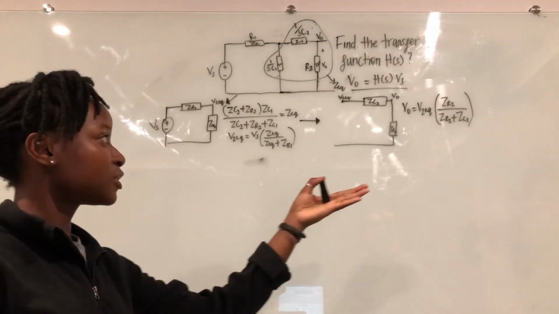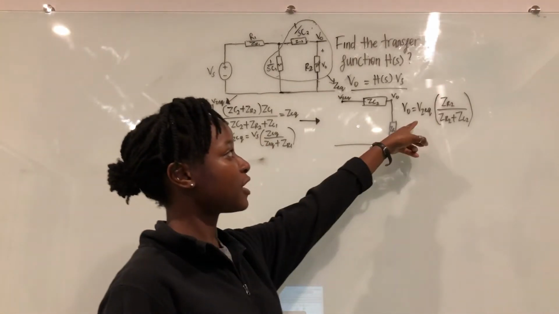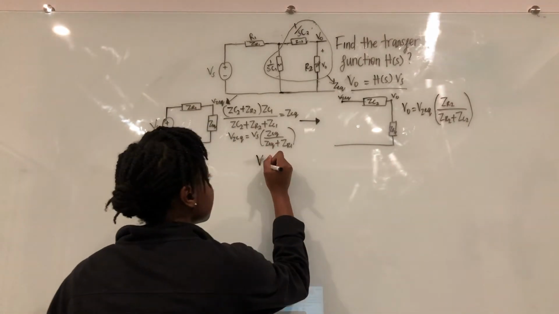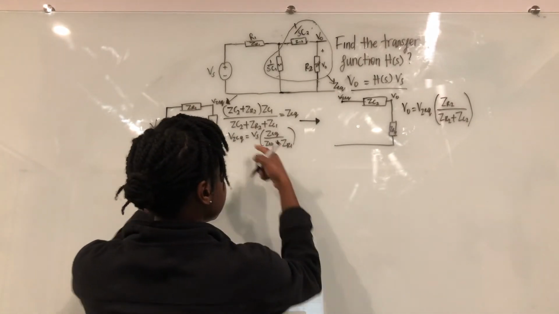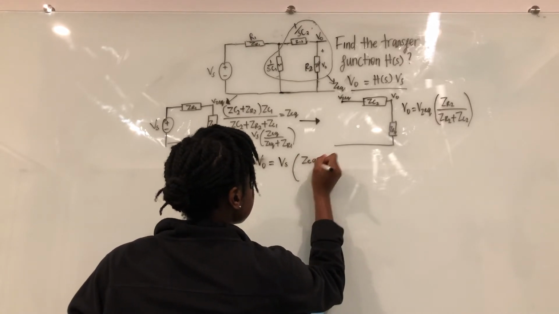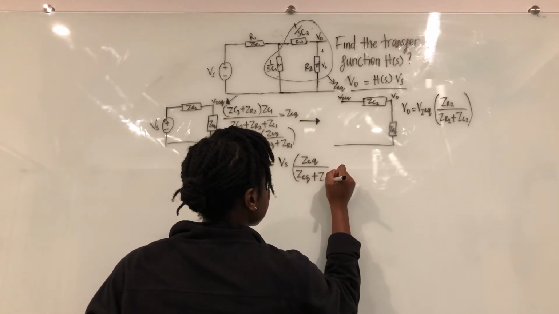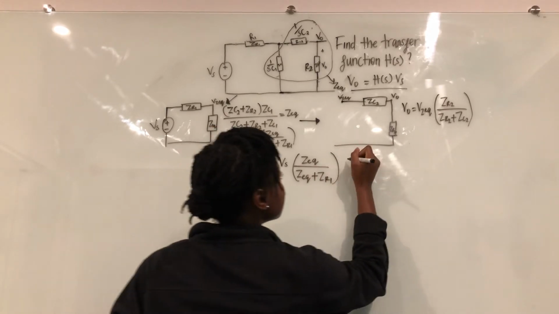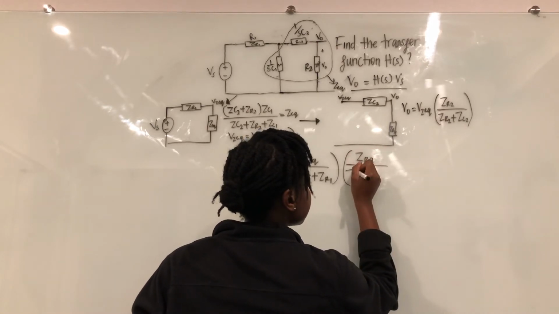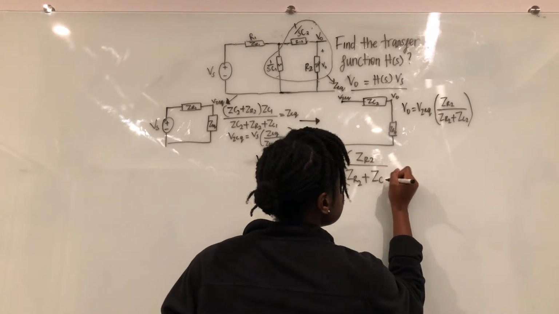Now that we have each component, we can plug in our VZEQ right there, and then find the transfer function. So we have V0 equals VZEQ, so VS, ZEQ over ZEQ plus ZR1, multiplied by ZR2 over ZR2 plus ZC2.